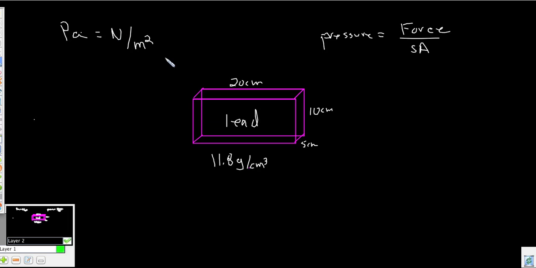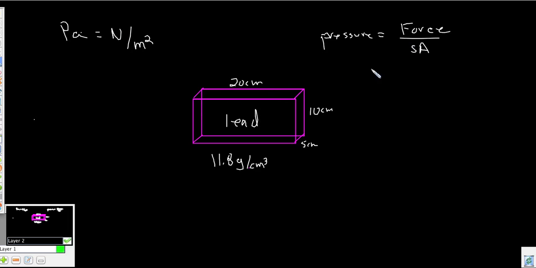Okay, and so that's a single pascal. So what we have here is centimeters, and for us to convert this into pascals, we might have to do some conversions right here.